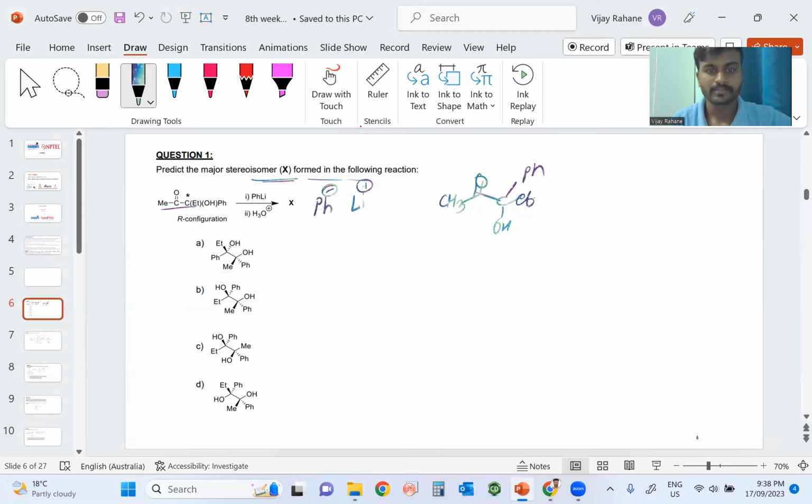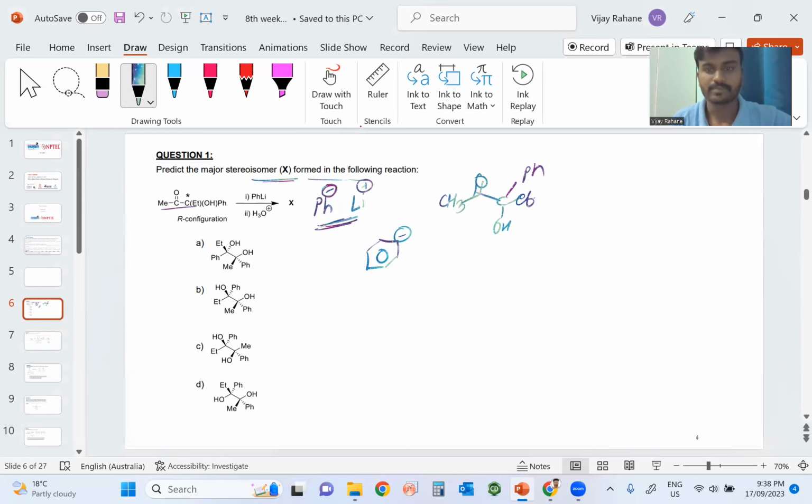It is the carbanion form, which you can call a nucleophile, and this phenyl ring attacks the carbonyl carbon through the carbon.